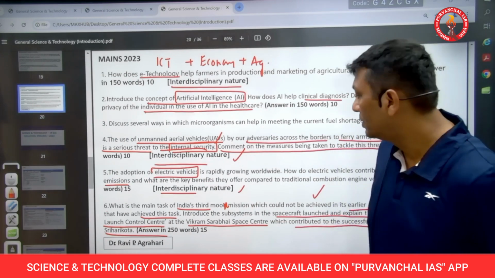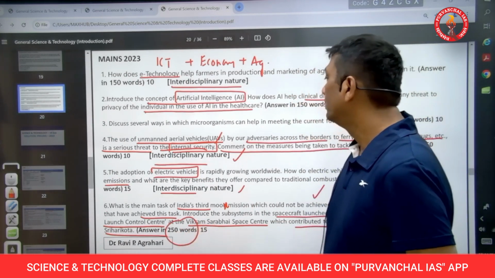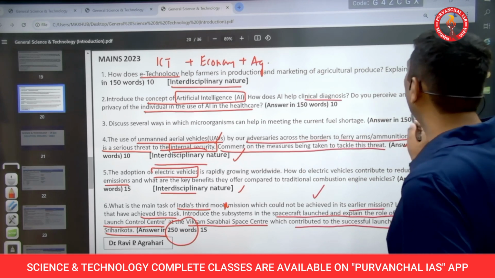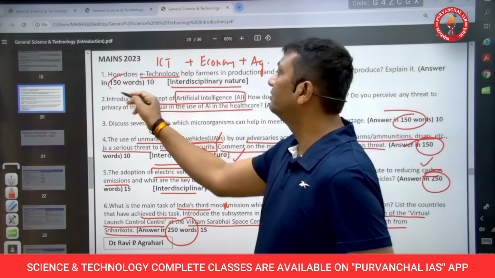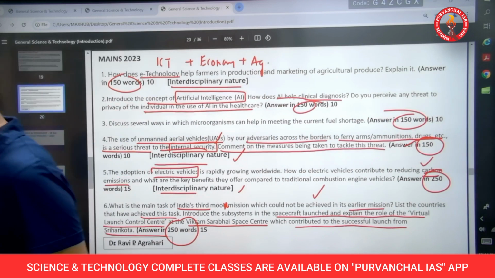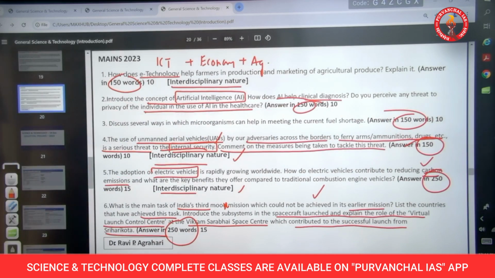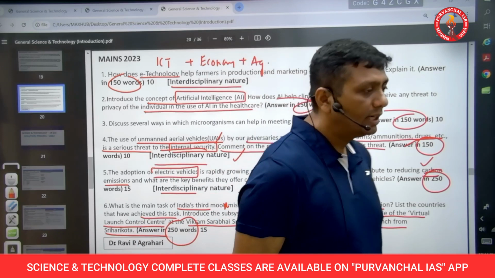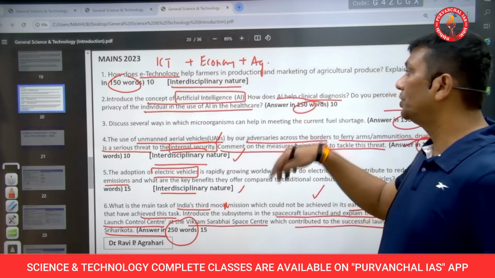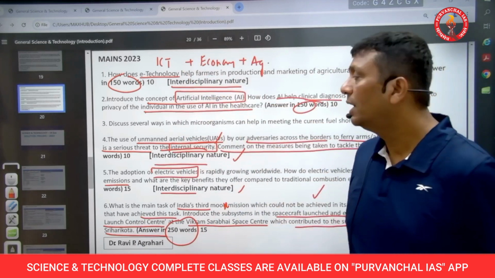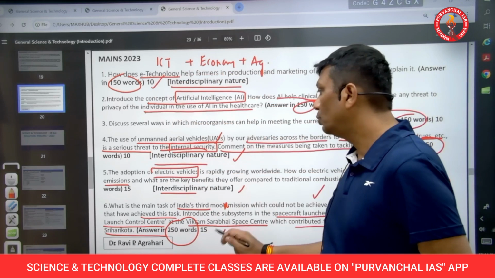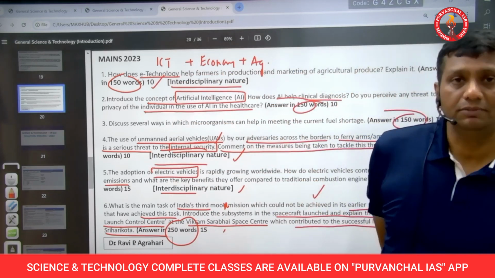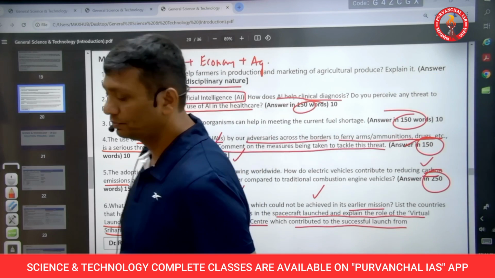The word limits were 250, 250, 150, 150. UPSC generally asks questions in word limits of 100, 150, 200 and 250 words. The questions UPSC asked in 2023 were 150 and 250 words, but don't worry, in some years UPSC asks 100 and 200 words also.